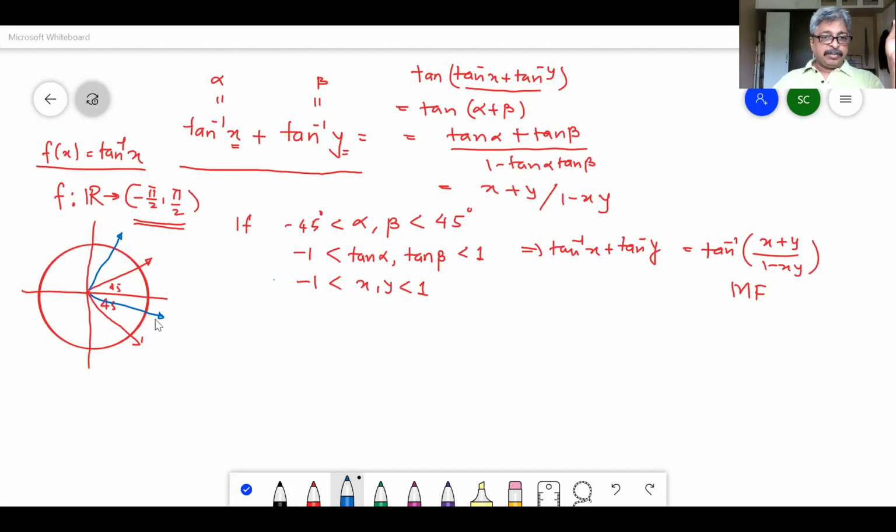As simple as that. Because the ray over here will give us a tan value equal to a positive number. So x is positive in this case, y is negative. So what we need to observe is x into y. If x into y is less than 0, that means one of them is positive and one of them is negative.